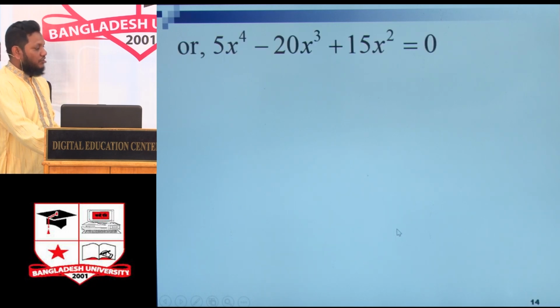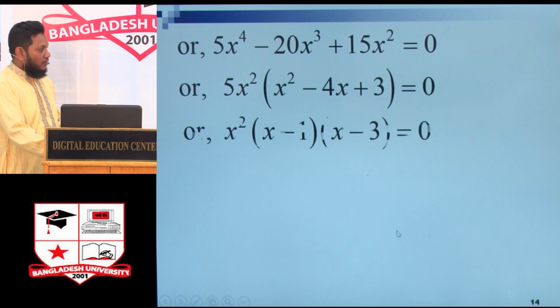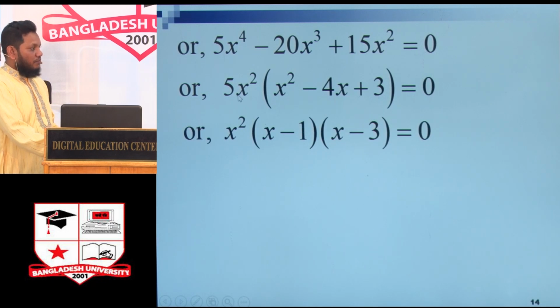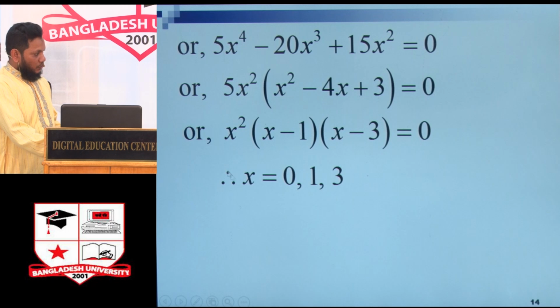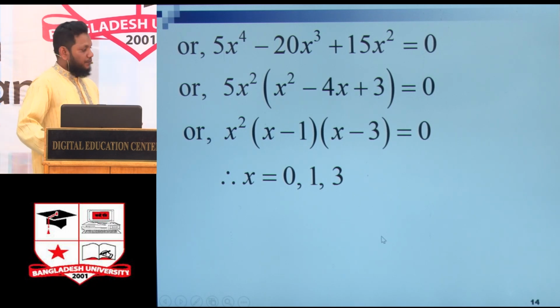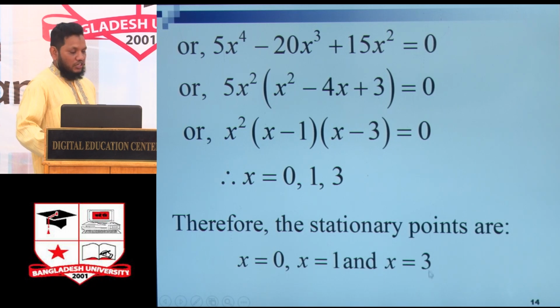Now we can solve this equation. Here we take the common term 5x squared, then factorize this, we get x minus 1, x minus 3, and we have x equal to 0, 1, and 3. So there are 3 critical points here. These are the stationary or critical points: x equal to 0, x equal to 1, and x equal to 3.